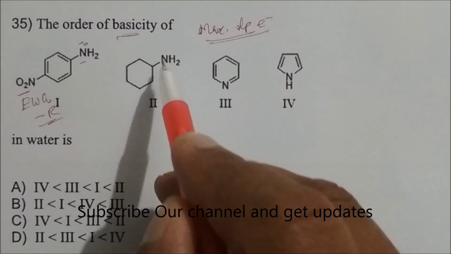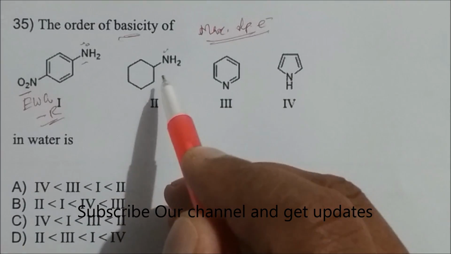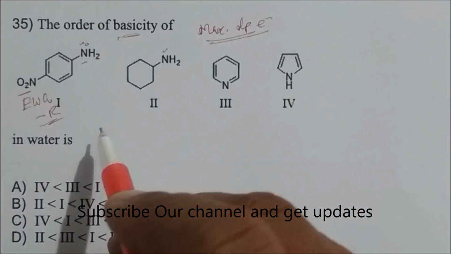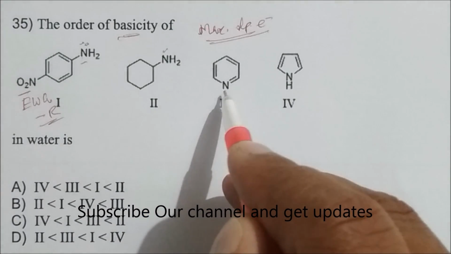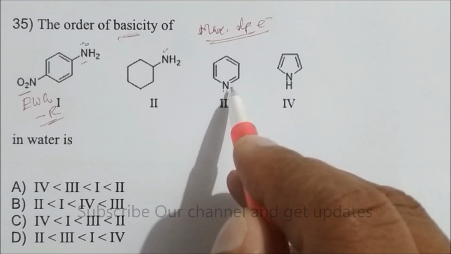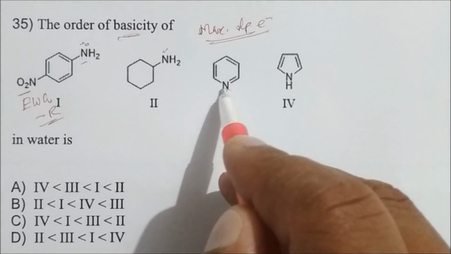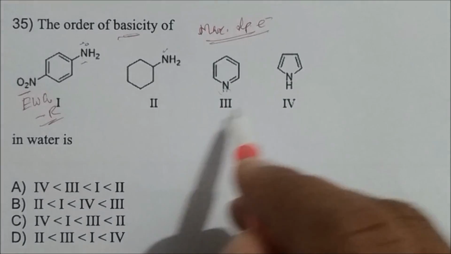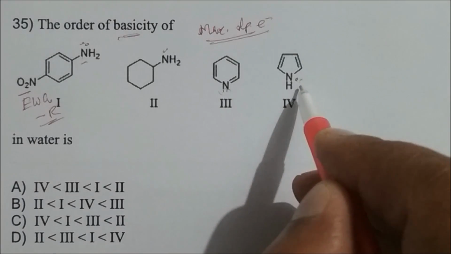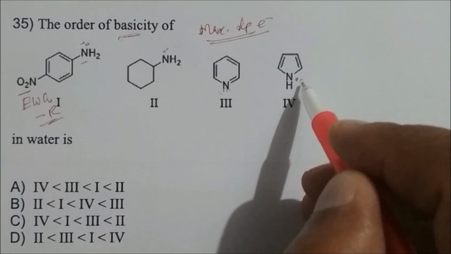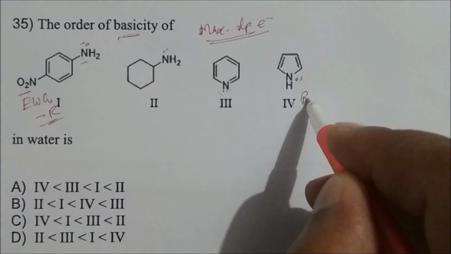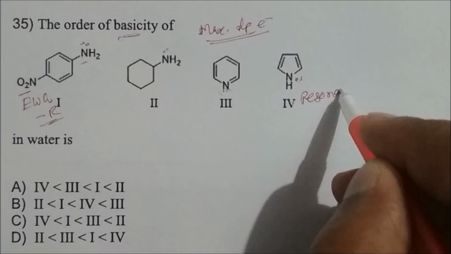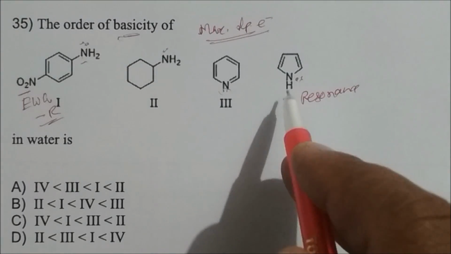In this case, it is a primary amine, and the lone pair is maximum. In this case the lone pair is there, but due to resonance some amount may decrease. And this is an example of a pyrrole compound, where the lone pair is fully involved in resonance, so it is not available on nitrogen.